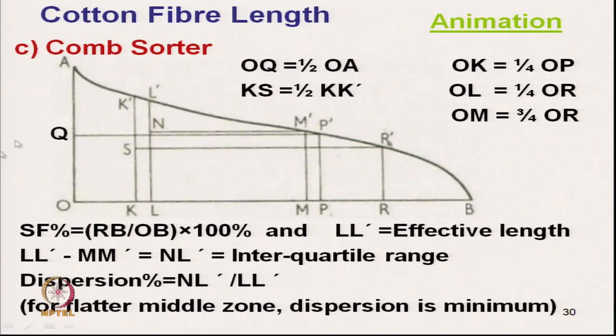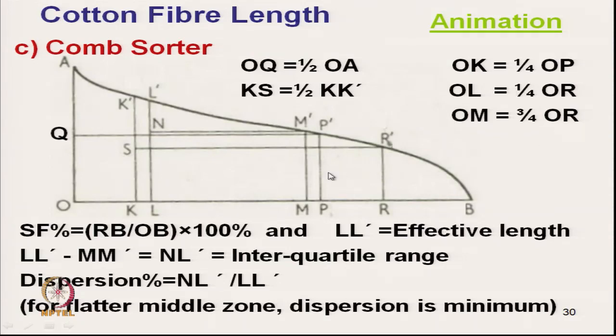So, OQ is half of OA, KS is half of K K dash, OK is 1/4 of OP, that is the first approximation, and OL is 1/4 of OR, that is the second approximation, and L L dash is the effective length.